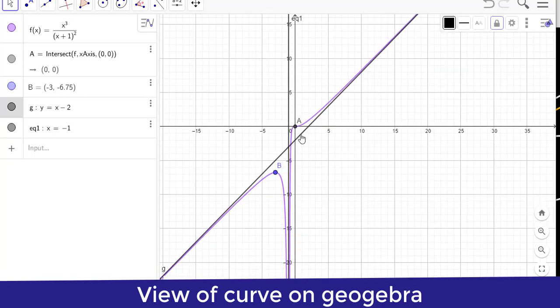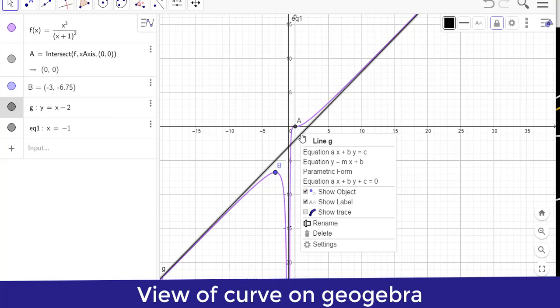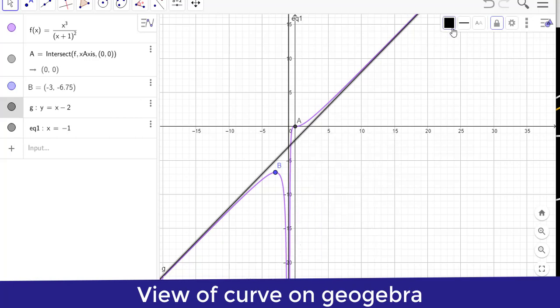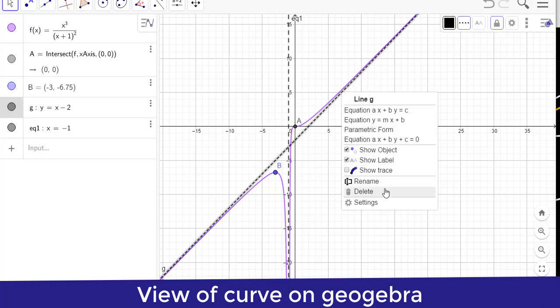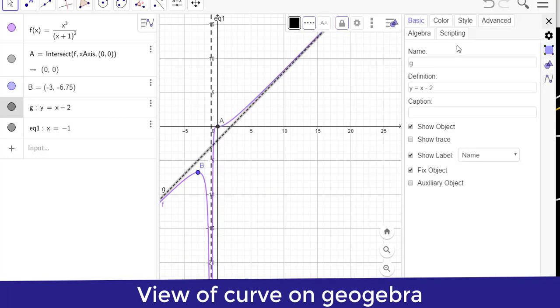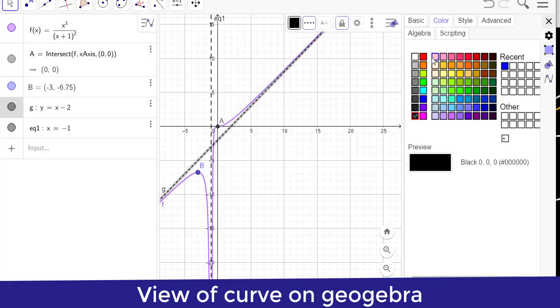So let's go to the properties of these lines and make them like asymptotes. Since asymptotes are not represented with solid lines, let's change the style, and also change the color.